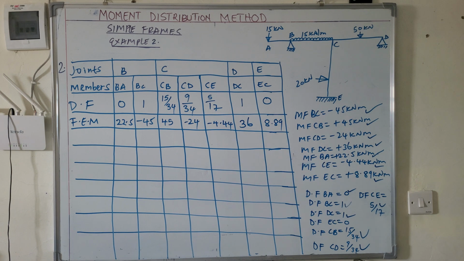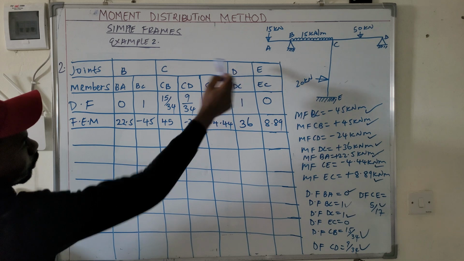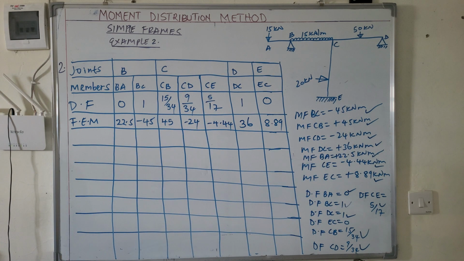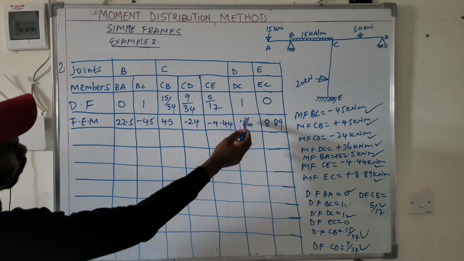So what are we supposed to do here? We will come here at D and release this fixed end moment.